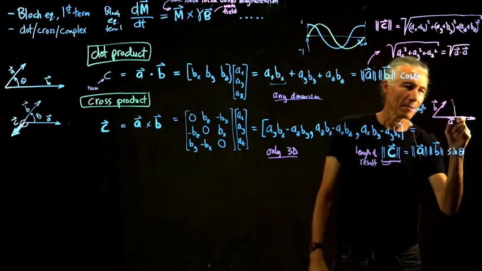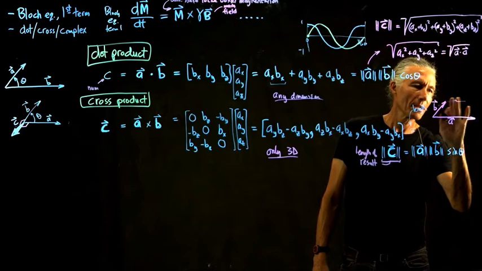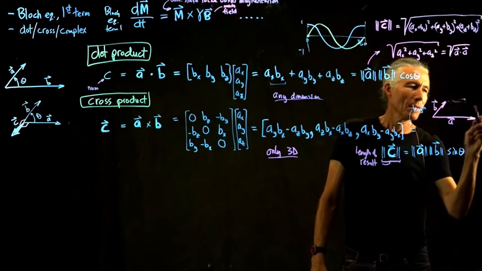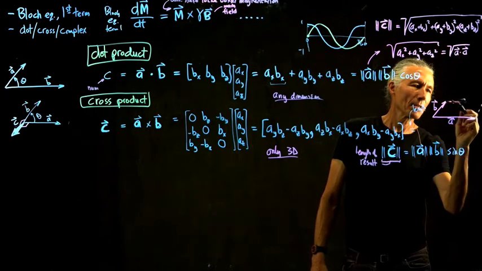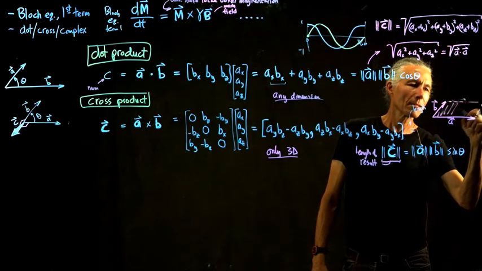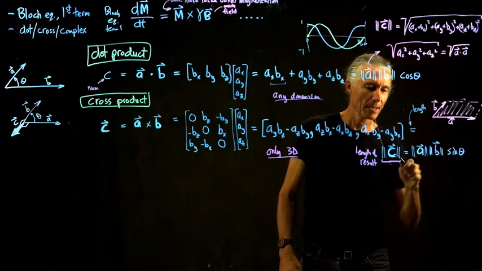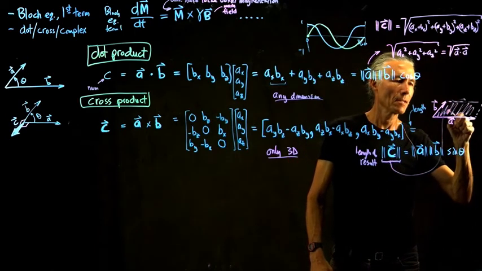We get the area. If you take the B vector and sweep it along the A vector and fill in that whole area, that parallelogram. So that's what the cross product is. So this guy actually equals the area.